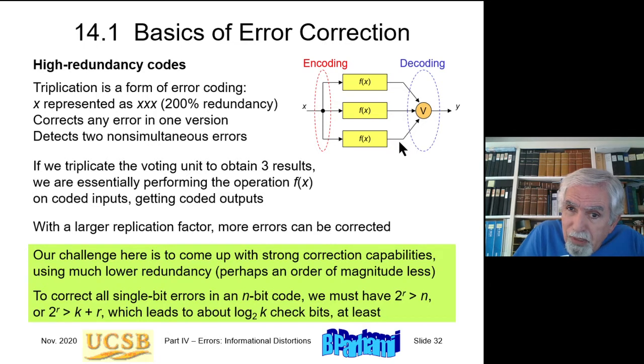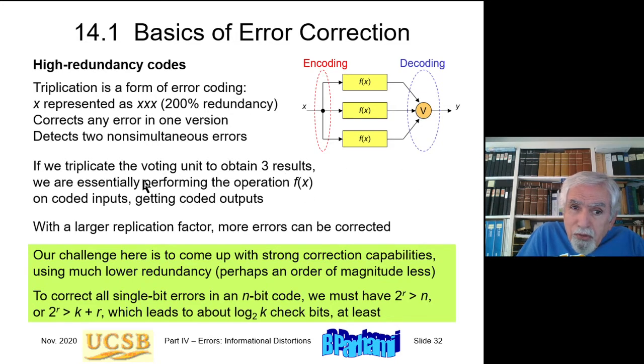So if one of these results is corrupted, is incorrect, the 2 correct ones will determine what the output should be. Encoding is trivial, basically copy X 3 times. Decoding consists of this voting process. And redundancy, as I mentioned, is 200%.